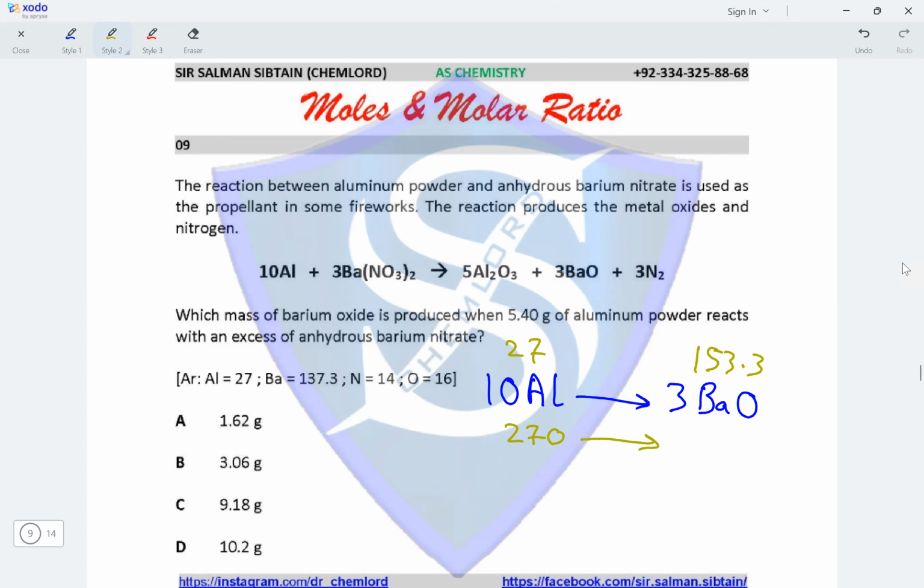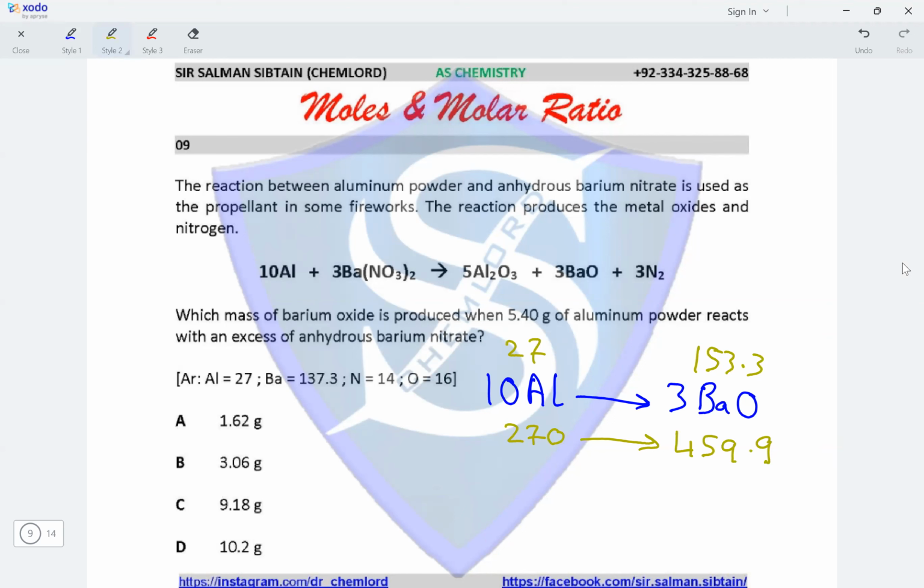And the total mass of barium oxide would be 153.3 into 3, which would give us 459.9 grams. So this is what the reaction actually has in masses. 270 grams of aluminum produces 459.9 grams of barium oxide upon reaction with an excess of barium nitrate.